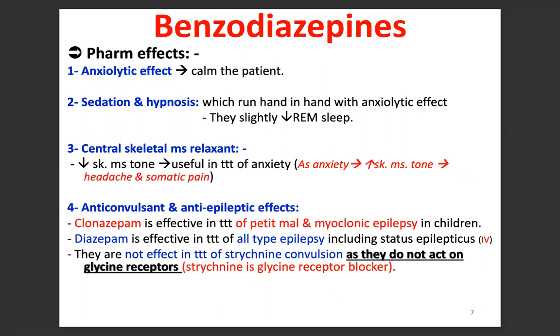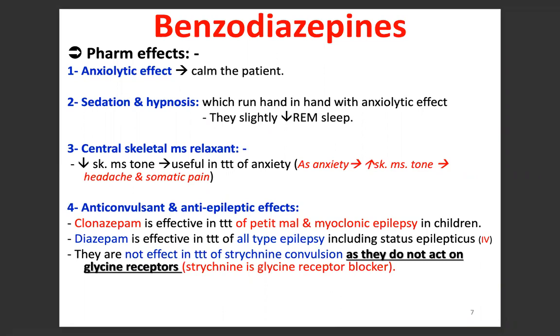Strychnine is a natural plant product, from the plant named Nux vomica.